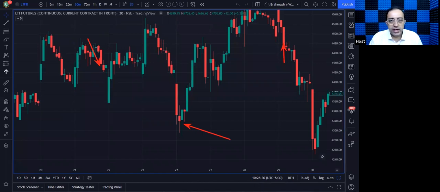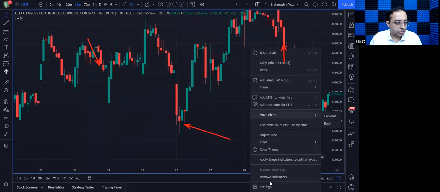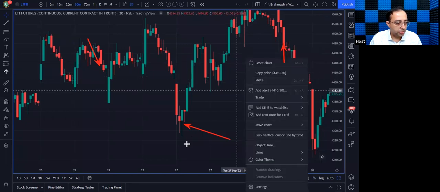No, there is no bullish engulfing there, Raghav, because it has to cover the body. I will select a bullish engulfing also. Hold on.